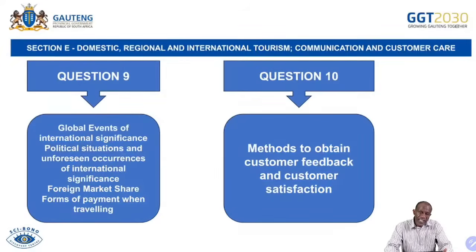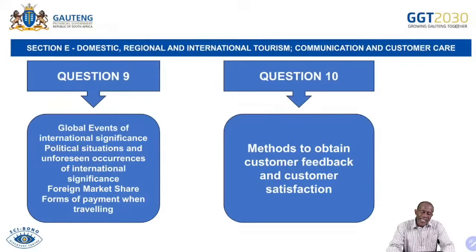Grade 12 learners. The last section of your question paper is your section E, and it involves domestic, regional, and international tourism, communication, and customer care.